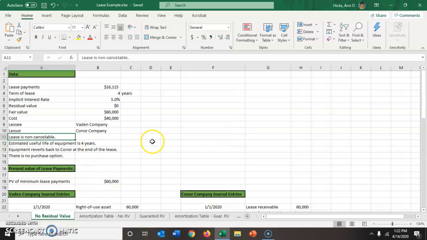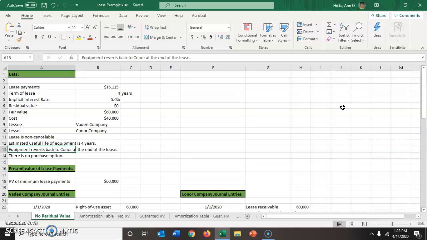The first test, you'll remember, is that the asset is transferred to the lessee at the end of the lease. We know that is not true, because this assumption right here indicates that the equipment reverts back to Connor at the end of the lease. So that test is not met, so we need to move on to the next test.